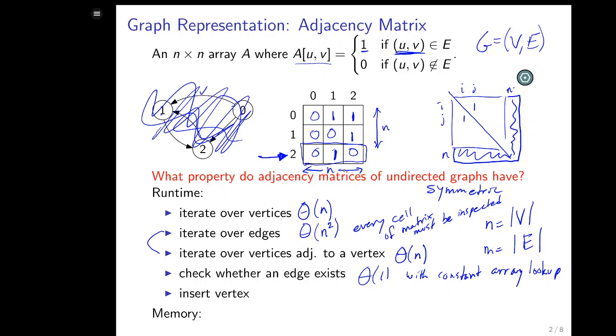And the amortized cost for adding one vertex to this array would be something like how much? Just n. So when you insert a vertex, it's something like theta of n, except for resize. And resize, you have to be smart. So I'll just put down resize because you all are smart.